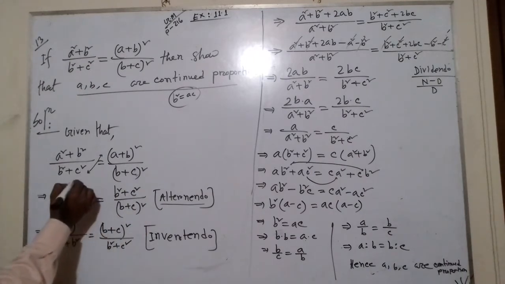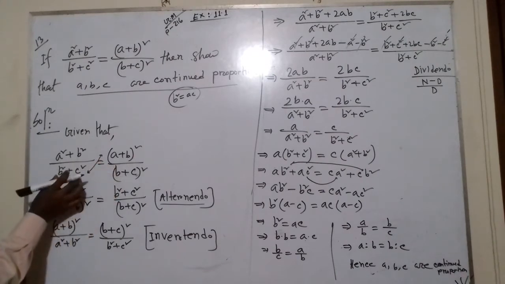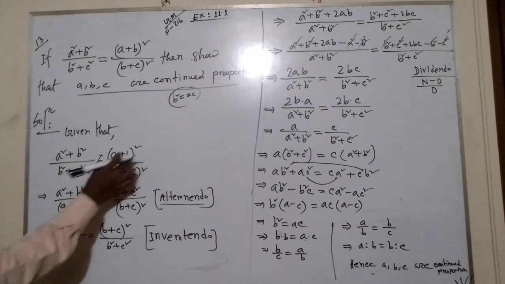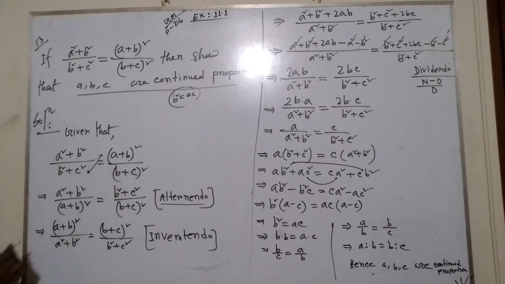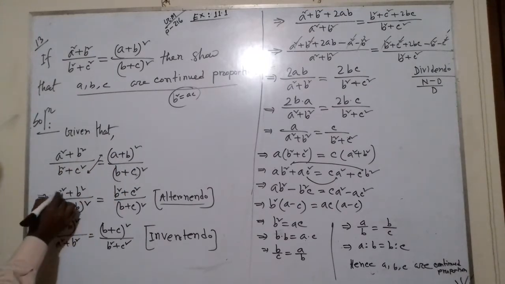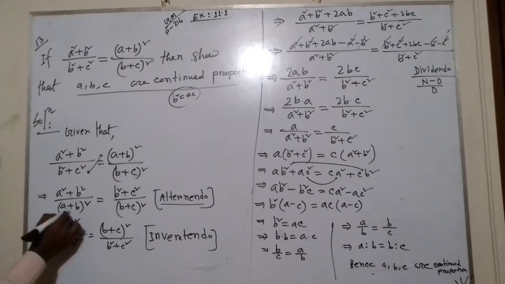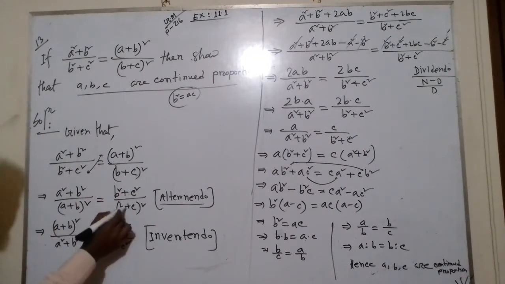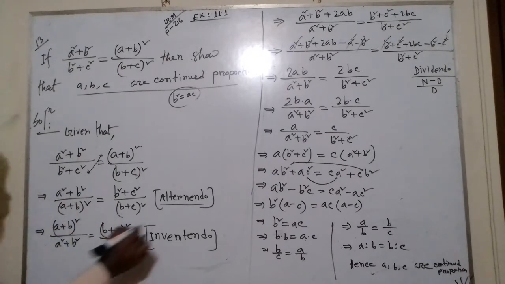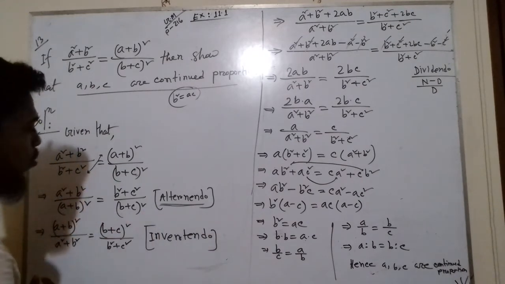It is alternando because we interchange (b square plus c square) and (a plus b) whole square in this term.